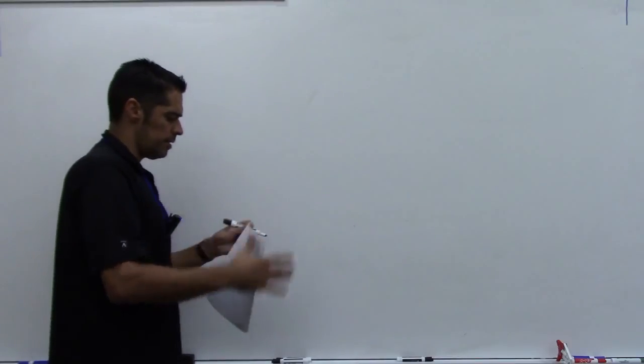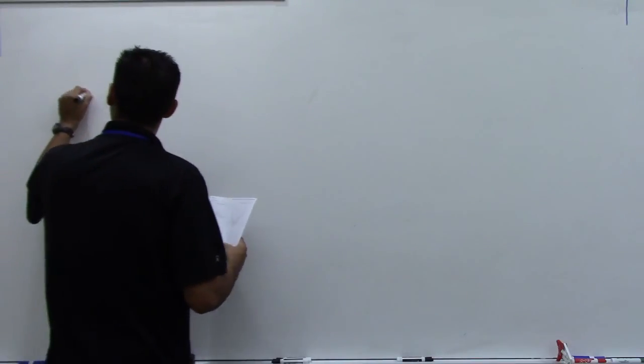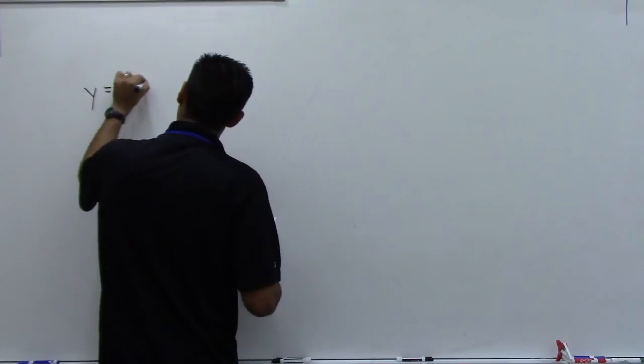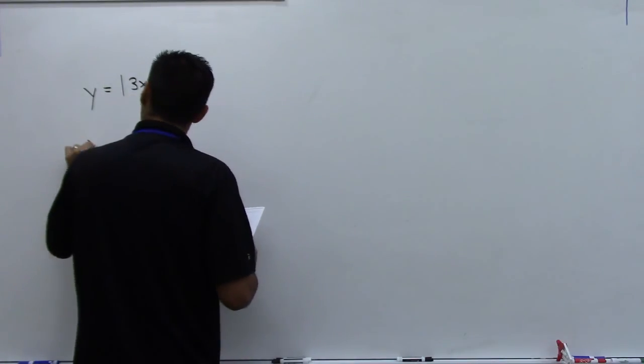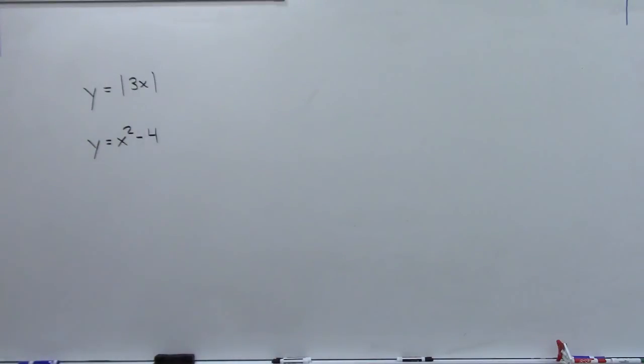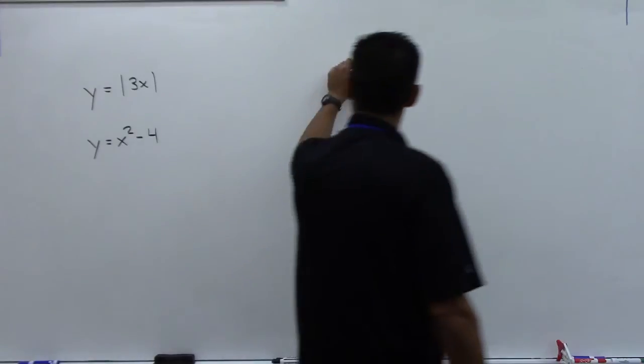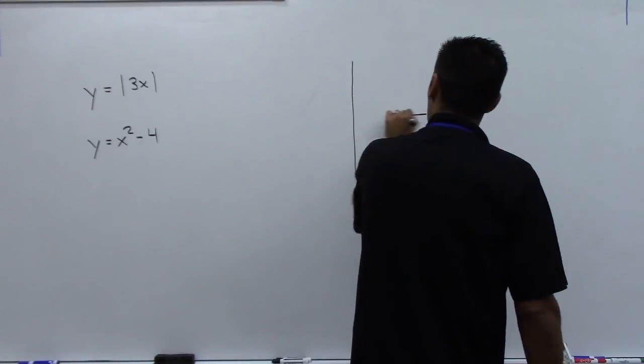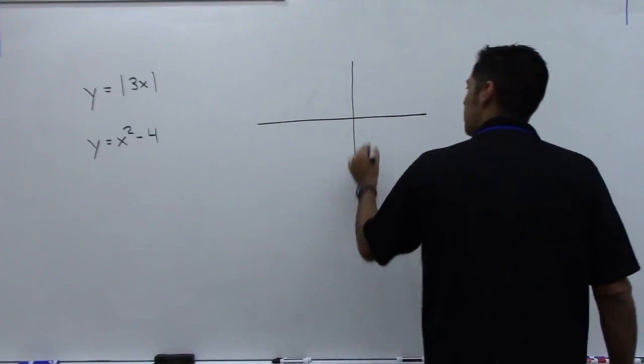This one's kind of interesting. They give y equals absolute value of 3x, y equals x squared minus 4. What's interesting about this one is what the absolute value of 3x looks like.